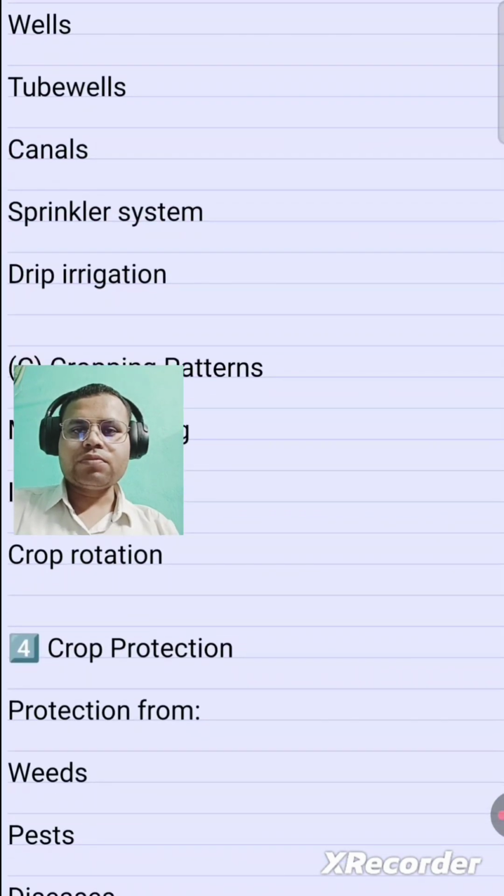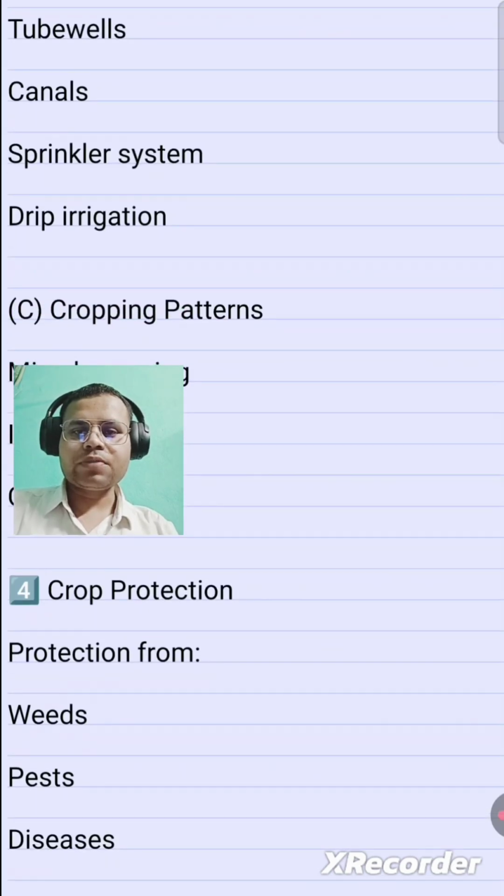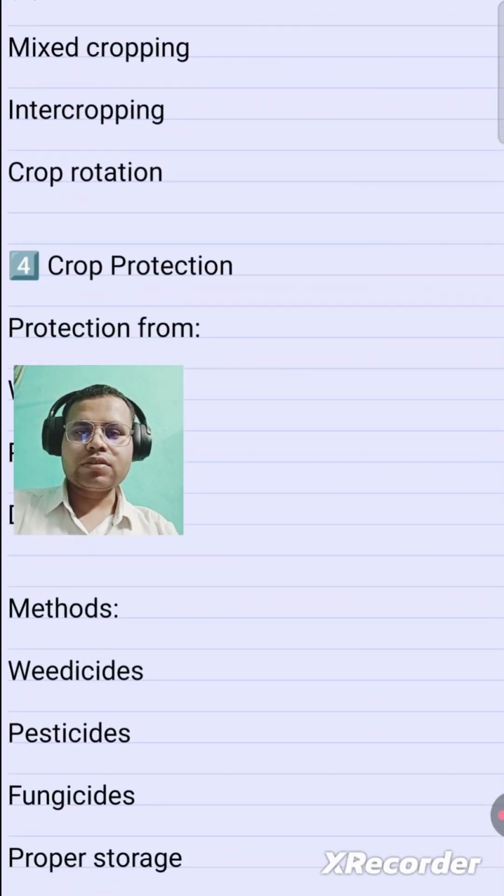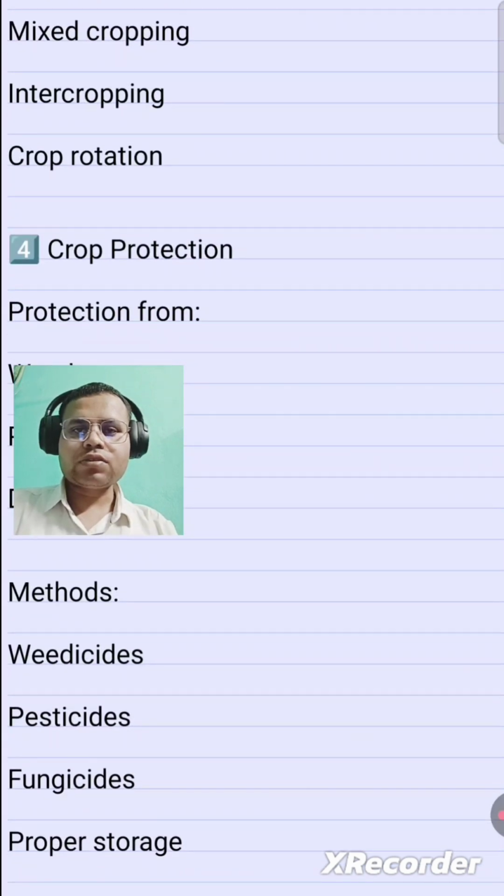In irrigation methods, these include wells, tube wells, canals, sprinkler systems, and drip irrigation. If we're talking about cropping patterns, there are three types: mixed cropping, intercropping, and crop rotation.